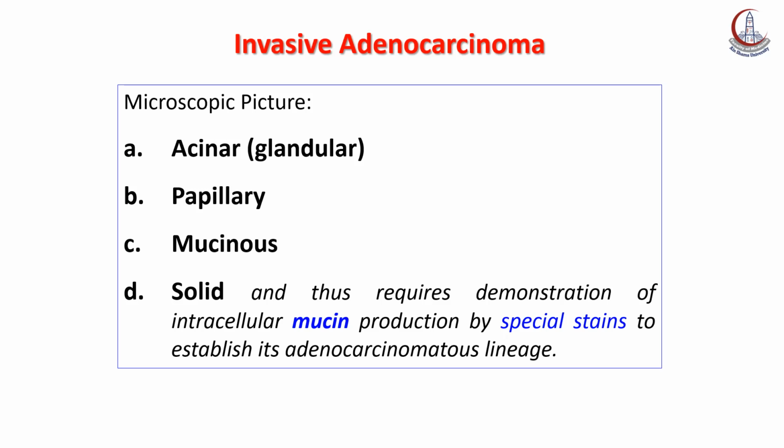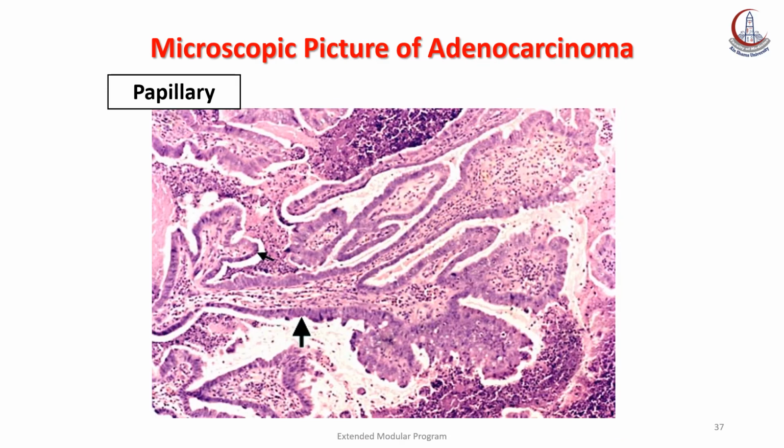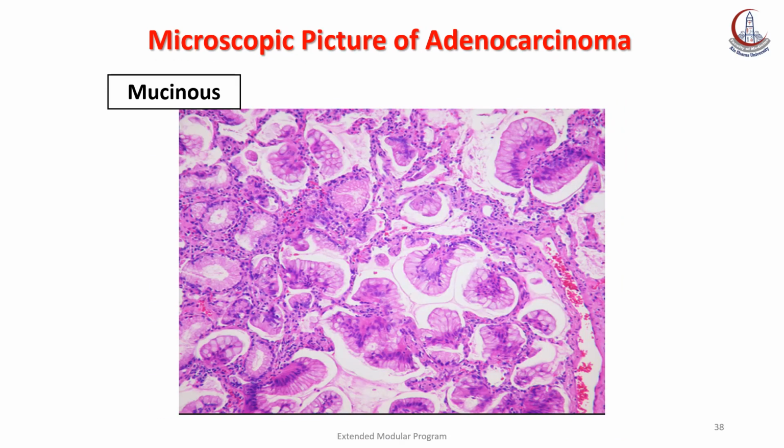The solid adenocarcinoma requires the demonstration of intracellular mucin production by special stain to establish its adenocarcinomatous differentiation. This is a different pattern of adenocarcinoma. This is the acinar pattern, papillary pattern, and mucinous pattern.